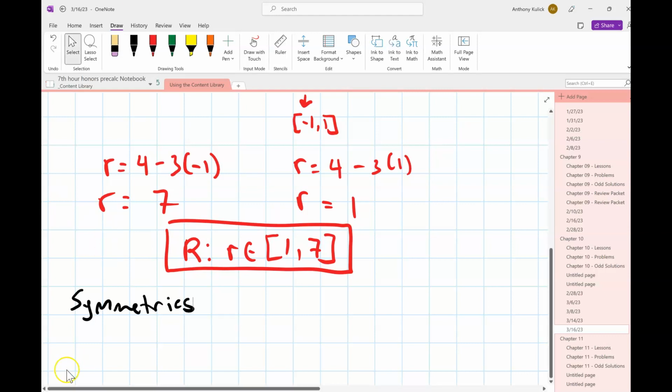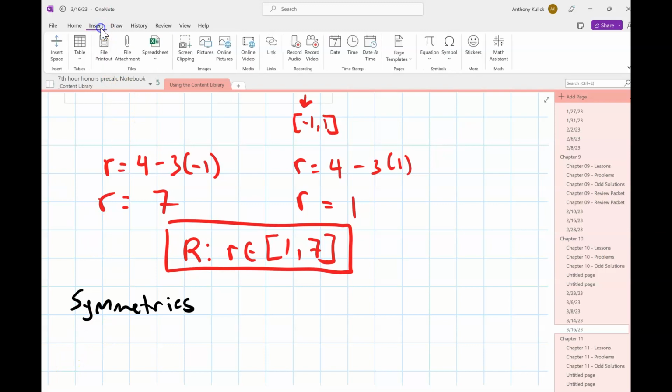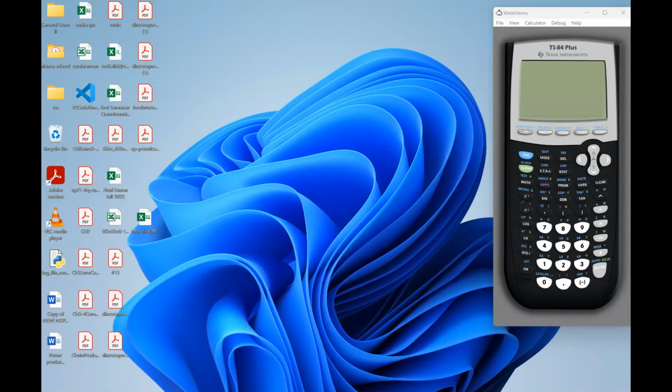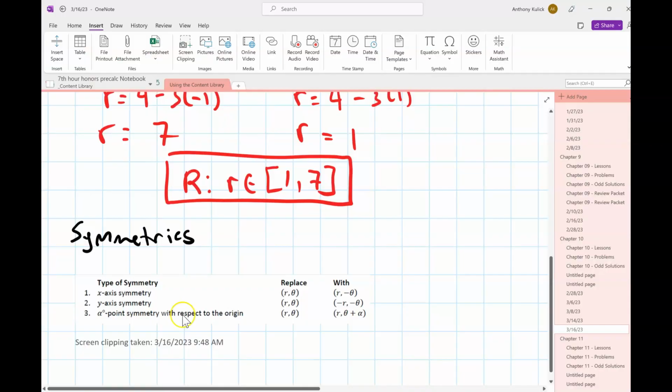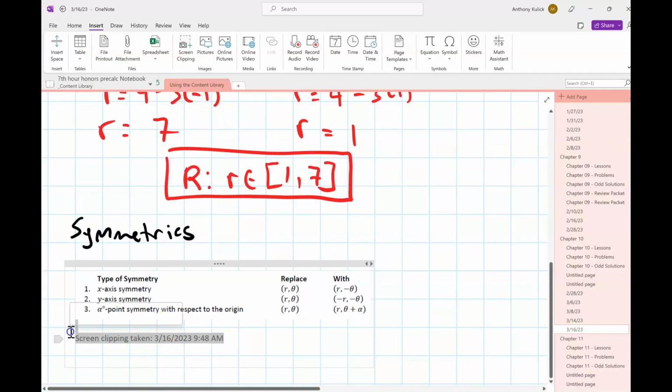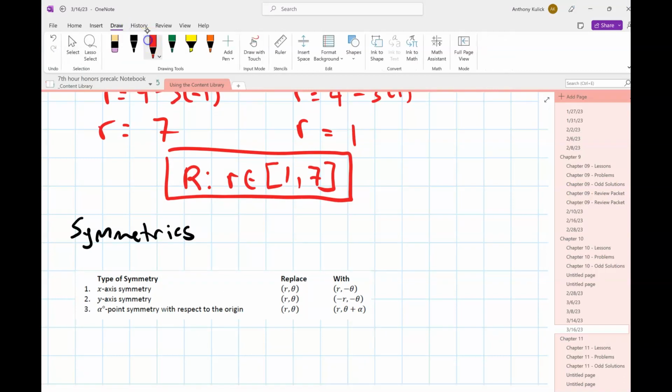Okay, the next thing we'll talk about here are symmetries. So with polar functions, there's 3 types of symmetries. There's symmetry with respect to the x-axis, symmetry with respect to the y-axis, and then there's a rotational symmetry. We call that alpha point rotational symmetry.